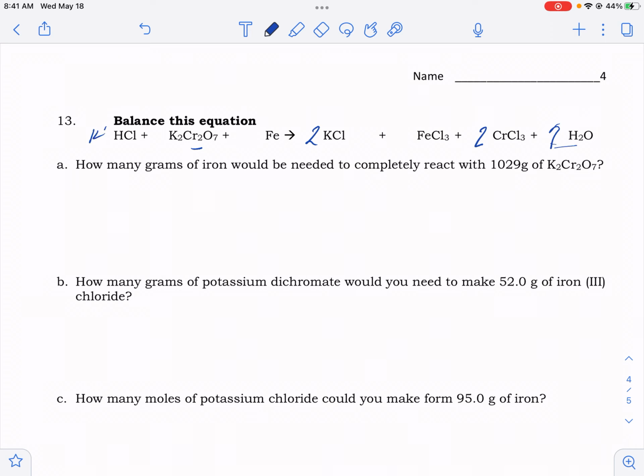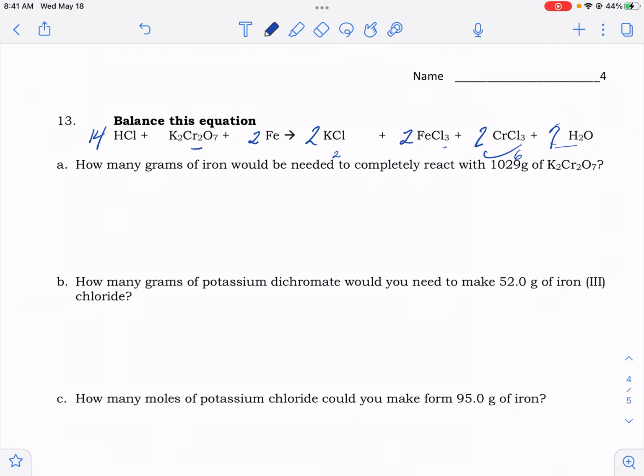So this needs to be 14, which gives me 14 chlorines, and I have 3 times 2 is 6 chlorines, 7, 8 chlorines, and I have a 3 here, so that'd be 9, 10, 11. If I double that, that gives me 14 chlorines, and that is balanced.